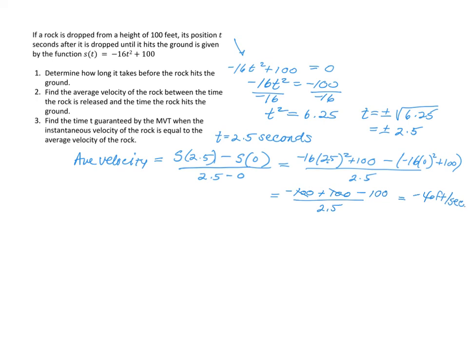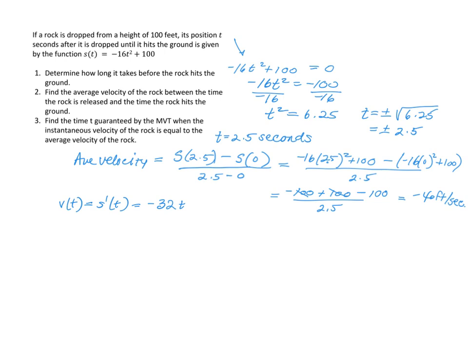Don't forget our units. So the average velocity of the rock is negative 40 feet per second, and we're trying to find the time guaranteed by the mean value theorem when the instantaneous velocity equals that value. To find instantaneous velocity, remember we need the derivative. That's just the derivative of the position function, and that's going to be negative 32t, isn't it?